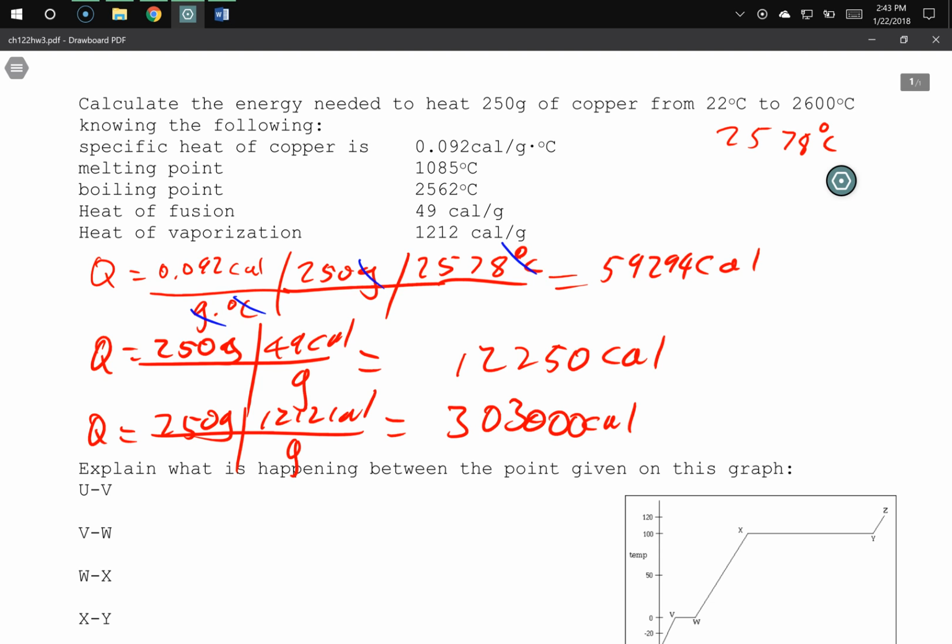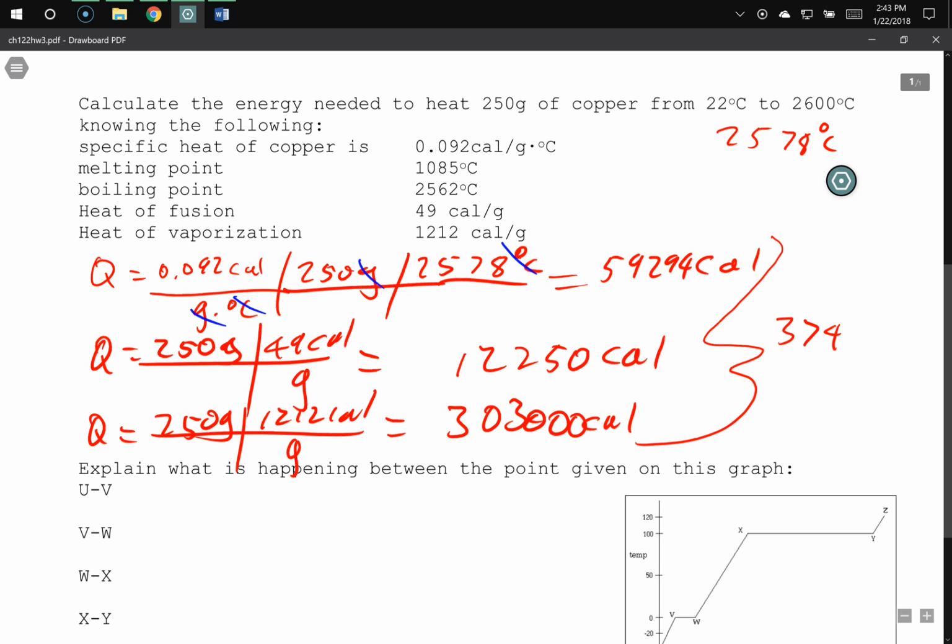So that plus that plus that, and all of these together are going to equal 374,544 calories. And it looks like 2 sig figs and 2 sig figs.